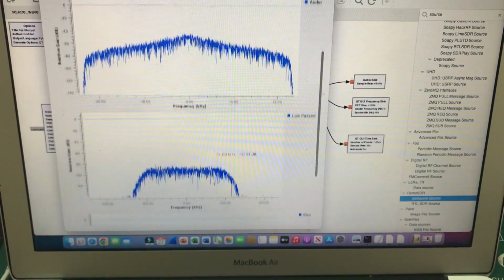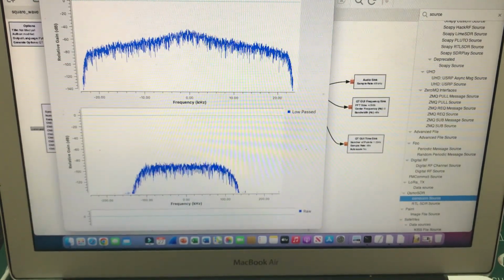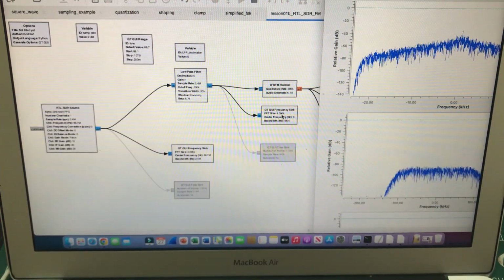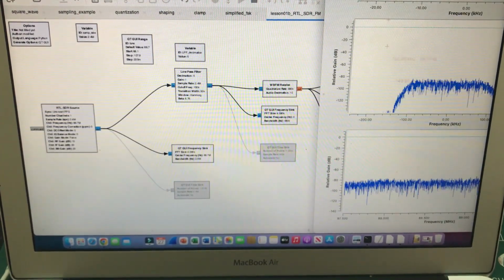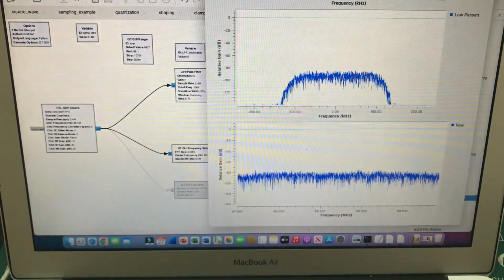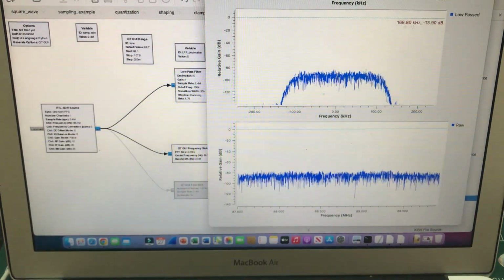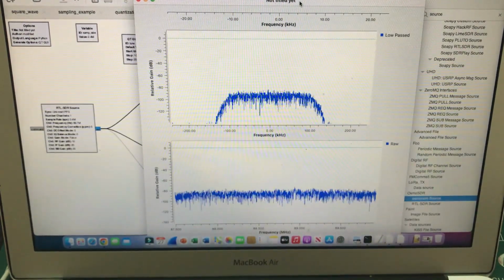This is the low pass filter output that we saw earlier, and this is the raw signal coming out from your RTL-SDR dongle going to that frequency sink. So now it's just a matter of tuning this.